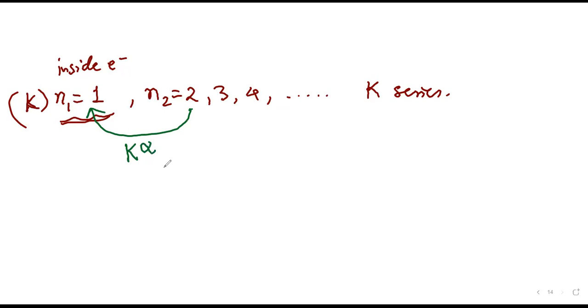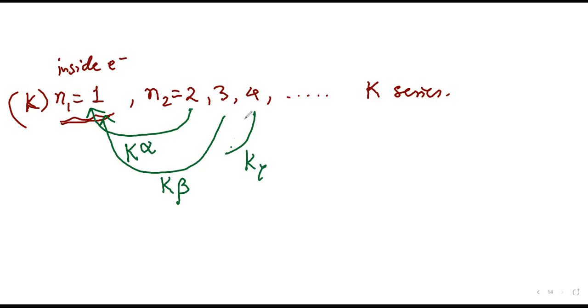If from the third shell the electron moves to n equal to 1, then I will say it is K beta. Similarly, it will be K gamma, and you need not worry about others because you will not be asked beyond that.